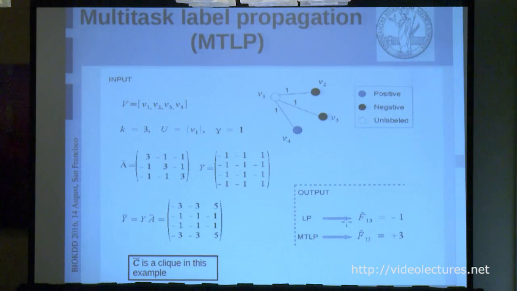So we formally prove these 2 properties in our paper. Here is just an example to give an idea of why this simple approach achieves better results than both LP and the other approach in which you make similar tasks closer.